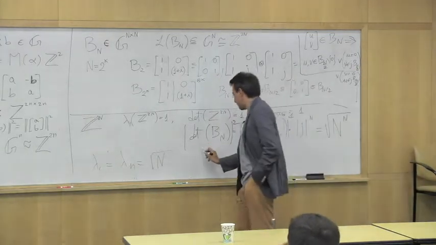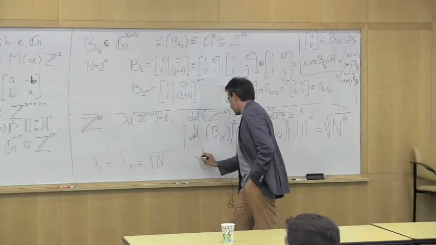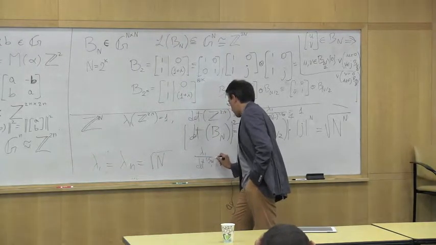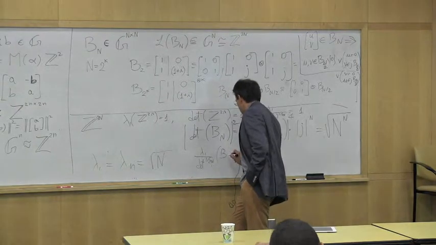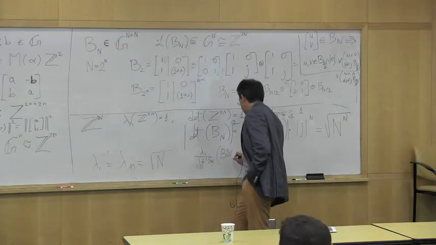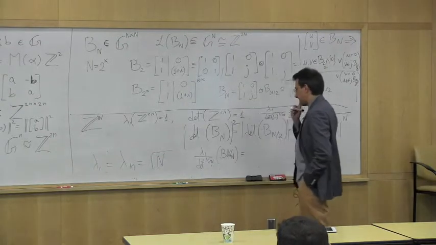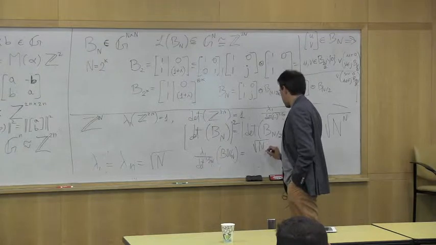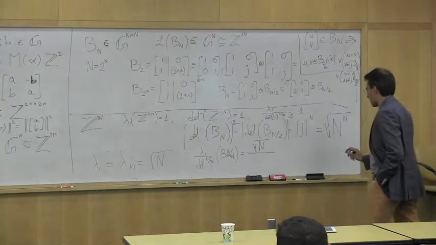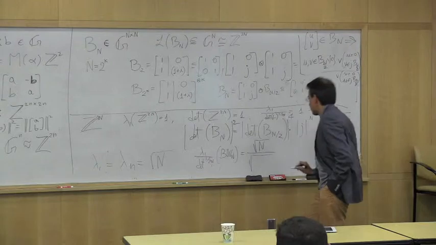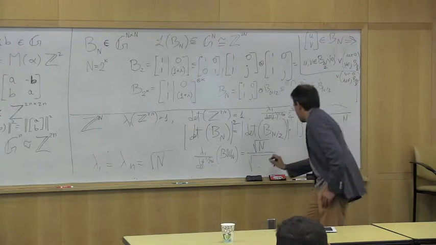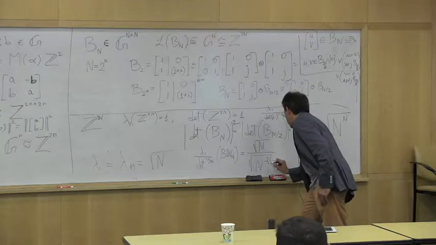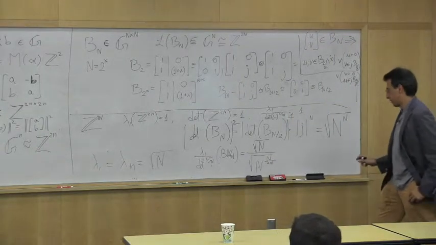In the Barnes-Wall lattice in dimension n, lambda 1 over determinant to the power 1 over 2n is square root of big N divided by square root of n to the power of the 2nth root.